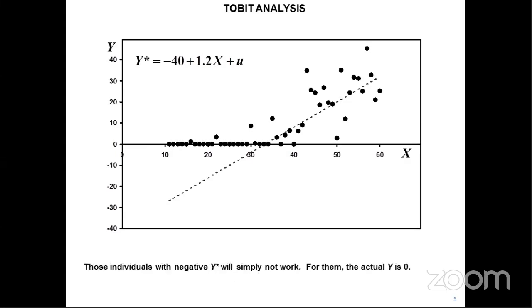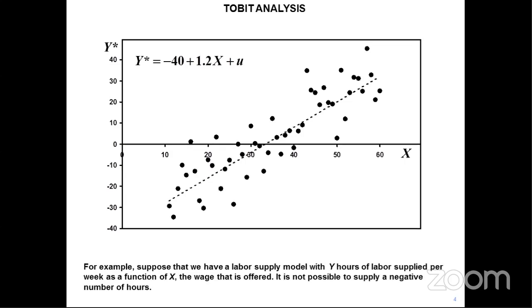But we have one more illustrative example. The distribution of your observations looks like this. Earlier it looked like this: they are distributed across all the values of the dependent and independent variables.